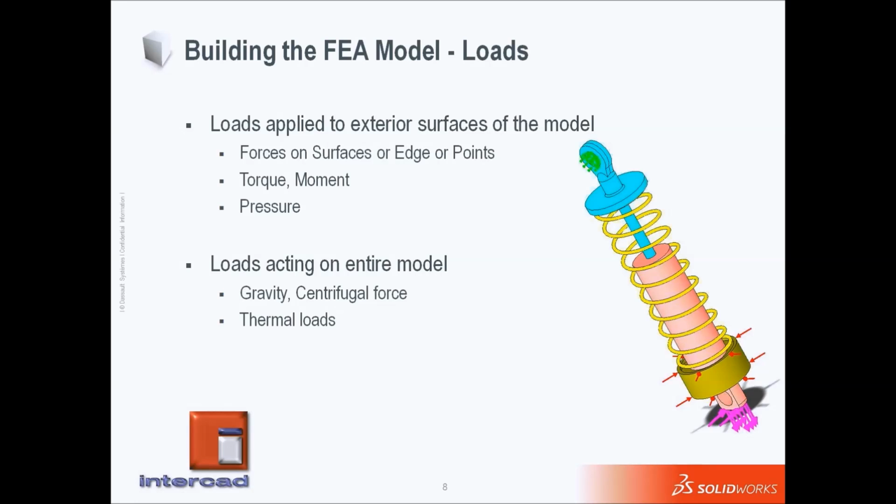They could be in the form of torque, moments, and pressure. And there would be some loads applied on the whole assembly and model, like gravitational force, centrifugal force, or thermal loads.